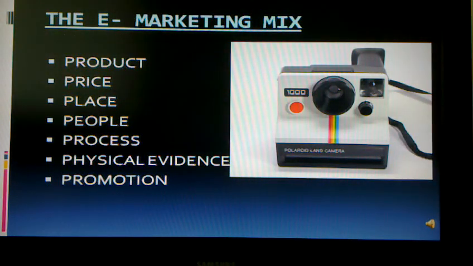Now let's talk about the e-marketing mix for Polaroid in the South American market. I can say that for this market and with the launch of new products, the company's marketing mix must be composed of several elements, including the products, price, place, people, and the most important factor, the process.